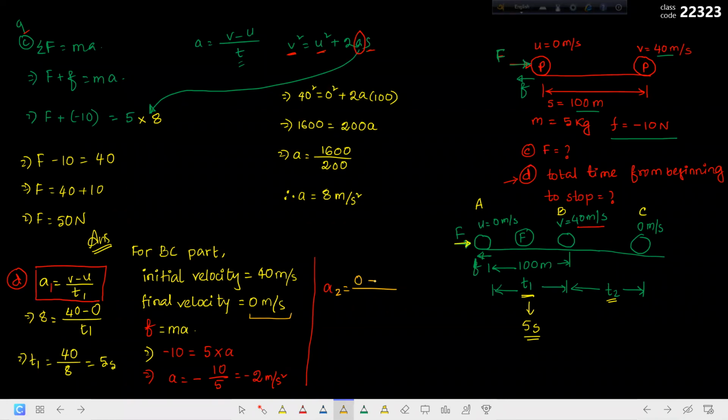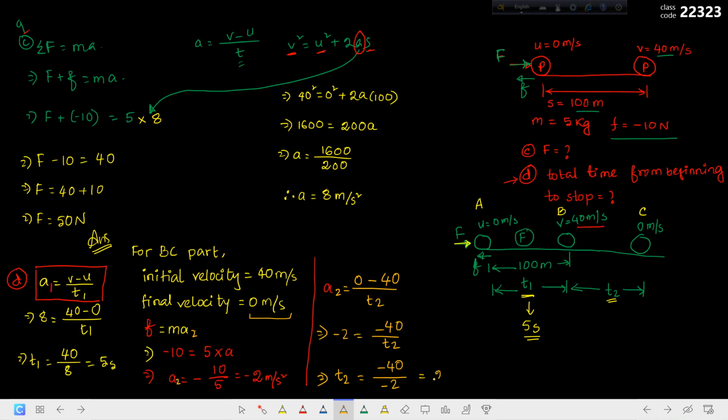So 0 minus initial velocity, which is 40, and then T2. T2 is something that we have to calculate. A2 we have already calculated from here, so we put the value of A2, that is -2. So -2 equals -40 divided by T2. By cross multiplication, T2 is equal to -40 divided by -2.